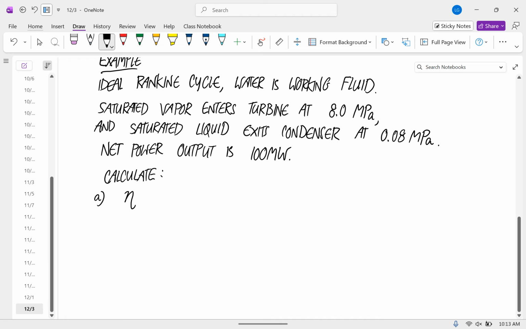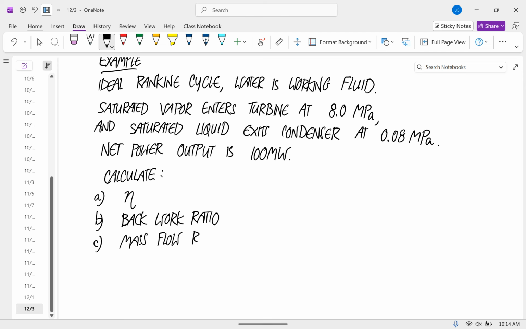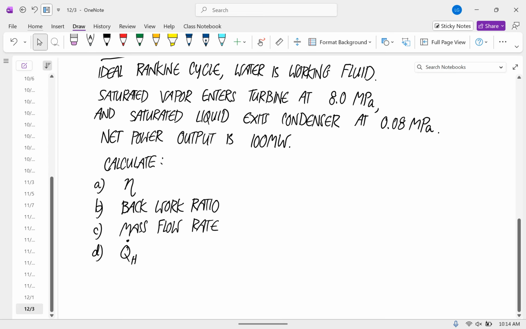We want the efficiency, the back work ratio, the mass flow rate, the rate of heat entering the working fluid at the boiler, so QH dot, and then the rate of heat leaving the working fluid at the condenser. So that's Q sub C dot.